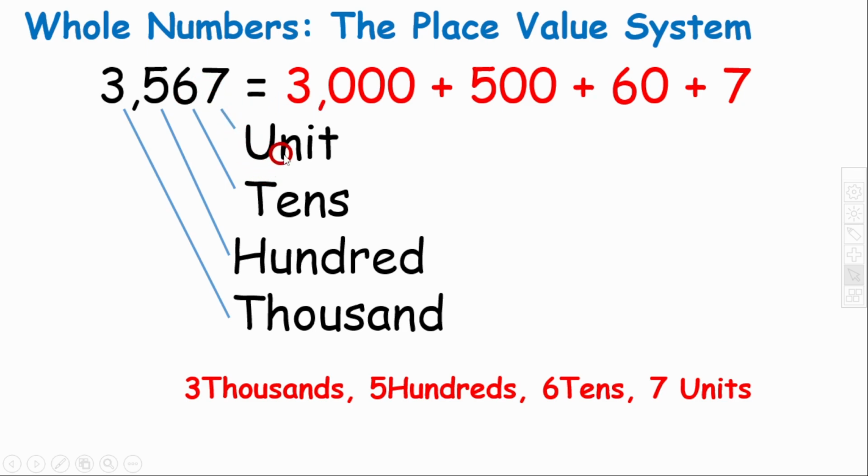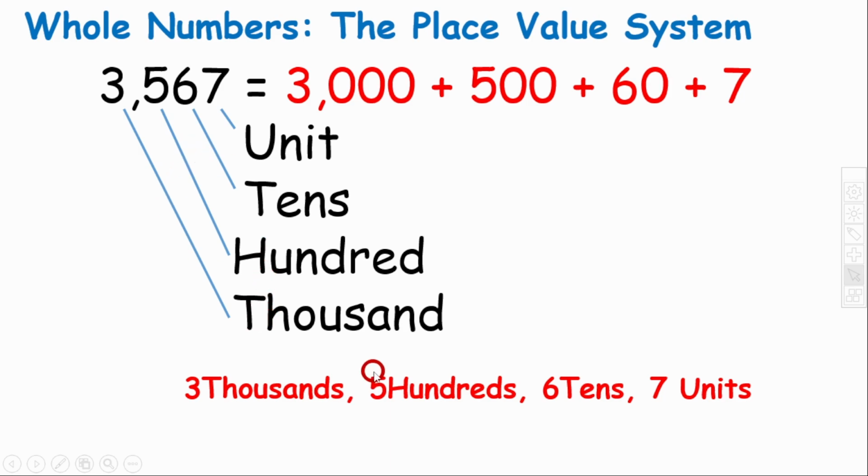So 7 is the units, 6 is tens, 5 is 100, 3 is 1,000. So the final answer is 3 thousands, 5 hundreds, 6 tens, and 7 units. Having it this way and having it this way are still the same thing.